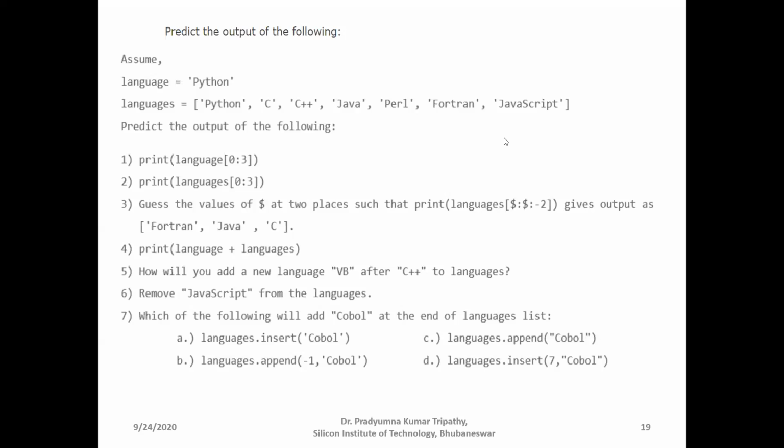Can you tell which are the commands that can be used to add COBOL? I have 0, 1, 2, 3, 4, 5, 6. So at the 6th index we already have the element. Can you tell which one can be used? Can I write language insert 7 COBOL? At the 7th location I want to insert. Can I insert or not?